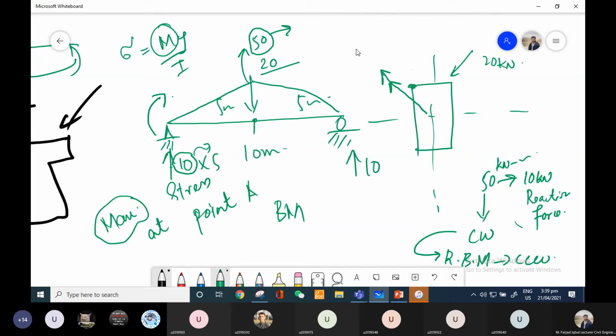And there is another way. For example, can I say that the moment axis is this one, or the axis on which moments are acting? So what is this moment axis? This is basically the axis of this beam, right?